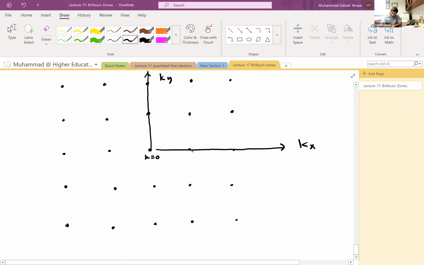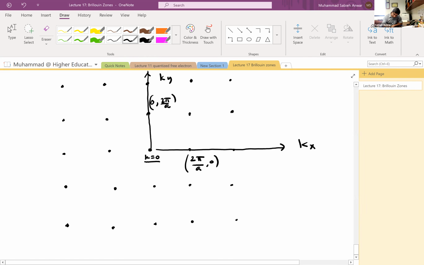All right. So this point here, if this is k equals 0, this is a reciprocal lattice. So this point is 2 pi over a in the reciprocal space. This point is 0, 2 pi over a. The distance between 2 points on a straight line is equal to the length of the reciprocal lattice vector, 2 pi over a.